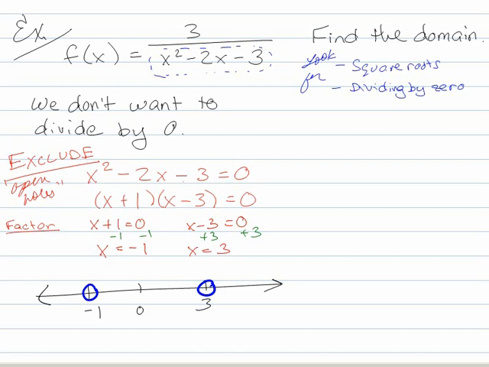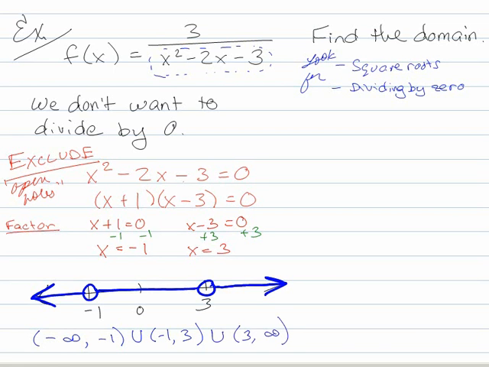And we're going to include all the points except for those. So I'm going to go from left to right, from -∞ to -1, from -1 to 3, and then from 3 to infinity.